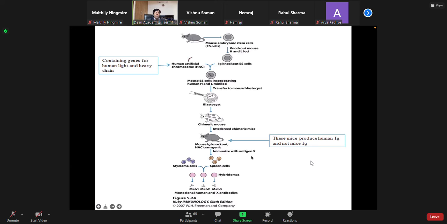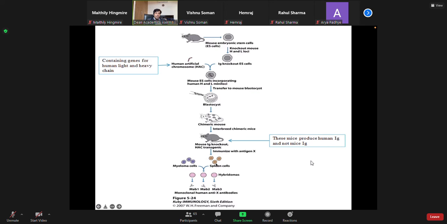Okay, but mouse has a lifespan. So after whatever 2 years or so, it's going to die, unless you actually keep on breeding these animals on that particular background. So you can actually collect these antibodies from serum, and that will be highly enriched in antibodies against that particular antigen. But eventually you follow the same process as was done for generation of these hybridomas, right?